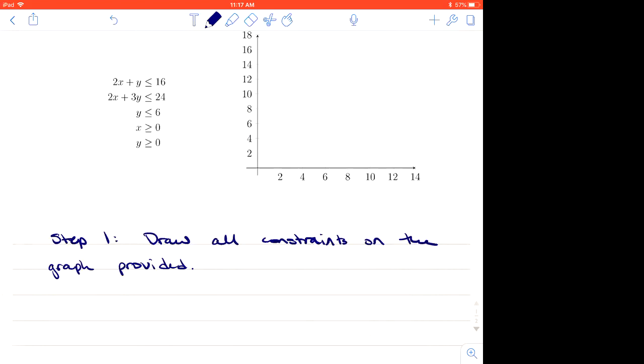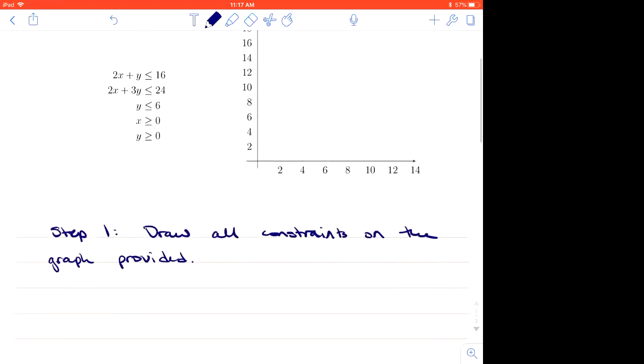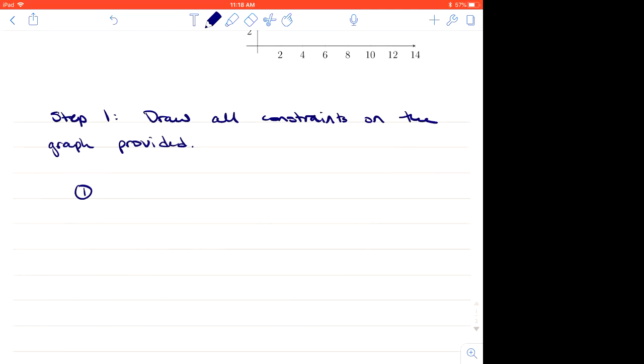Okay, so we'll start and say that equation 1, just writing them out, was 2x plus y. I'm going to ditch the inequalities and say that it's equal to 16, because the inequalities just tell us which region to look at.